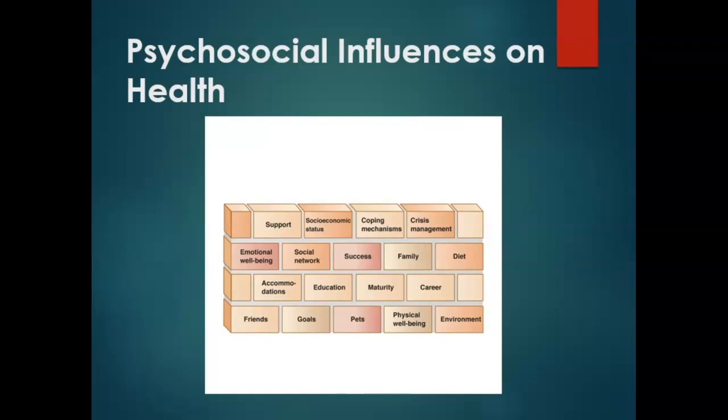What goals does the patient have? Is the person physically well? What type of environment does the person live in? And does the person have pets? And why are pets important? Pets are important like friends are important. These days we have pets that are certified to support certain people.